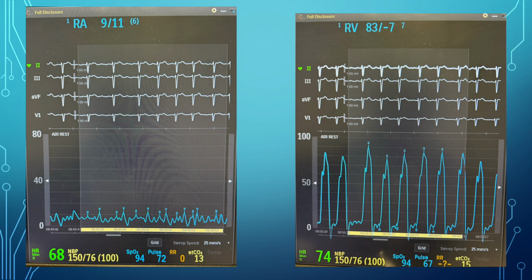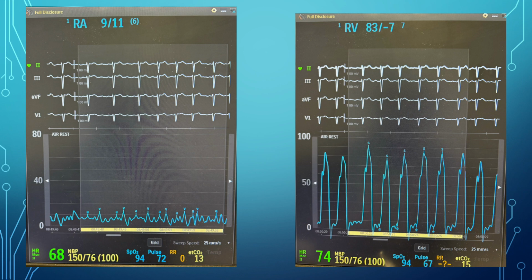You can see this is the right atrial pressure, but this is not normal, because we know it's about 4, 5, 6, not 9, 11. And here is the right ventricle. The right ventricle we know is about 20, 25.